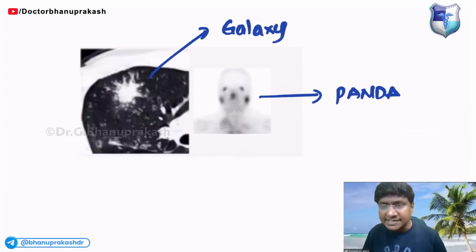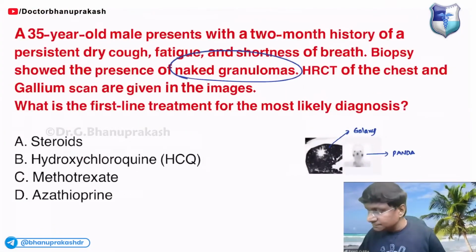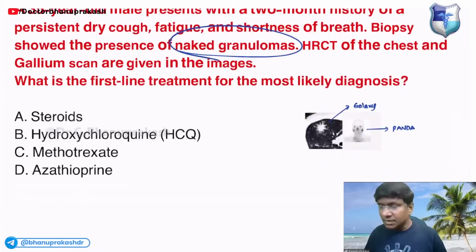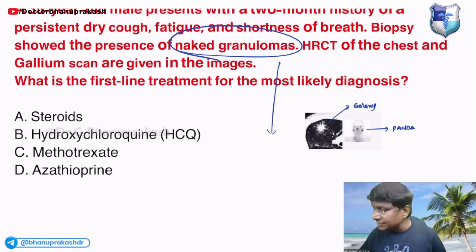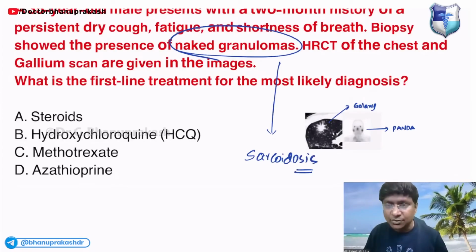So CT showing galaxy sign, panda sign in the gallium, and the presence of naked granulomas, which means non-caseating granulomas. All these point towards sarcoidosis.